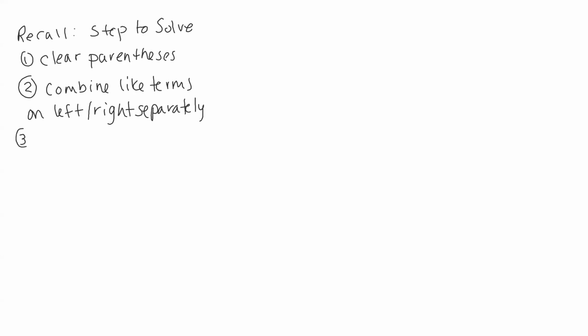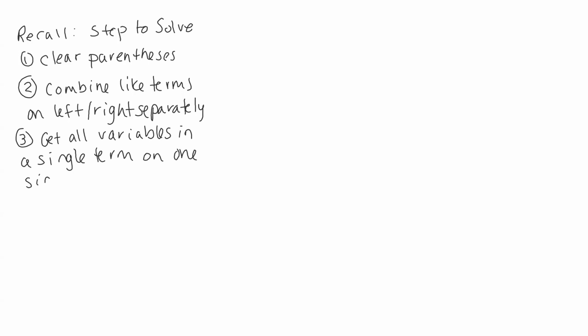The third step is where you start moving stuff around. So in the third step, you want to get all variable terms, so all variables in a single term, on one side of the equation, generally the left.